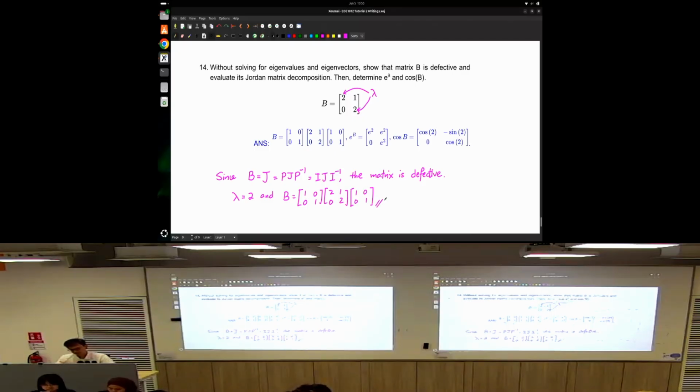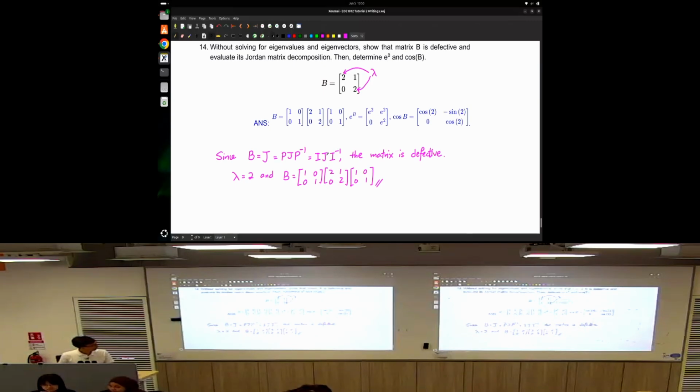So this is I J I inverse, which is just I J I, because B is J itself. It implies that P must be I. If B is J, there's no choice. P must be I. Of course you can verify this yourself by going through the standard process, which I will not.